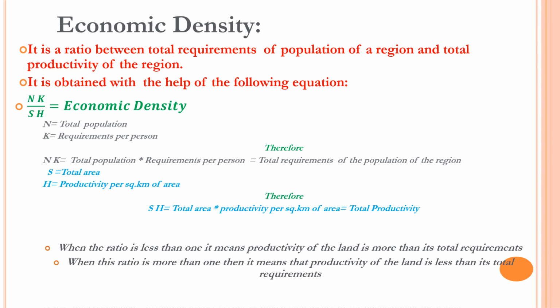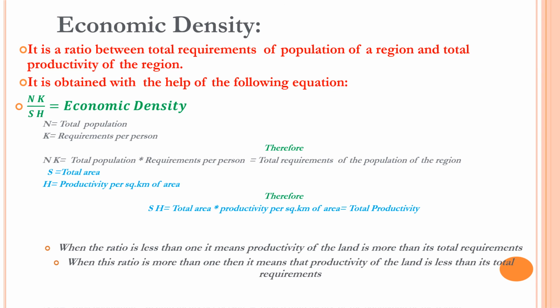When the ratio is more than 1, it means the productivity of the land is less than the total requirement. This is the simple difference between less and more, and vice versa.